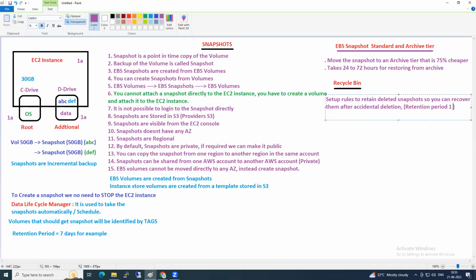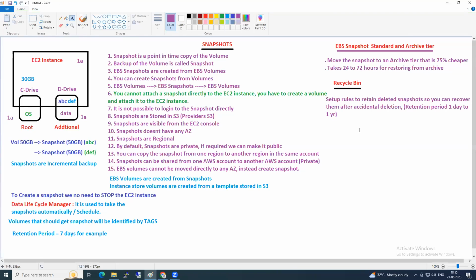The retention period can be from 1 day to 1 year. You can read this, this is the retention period. That is called Recyclebin.